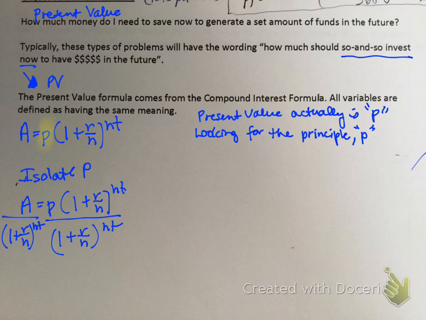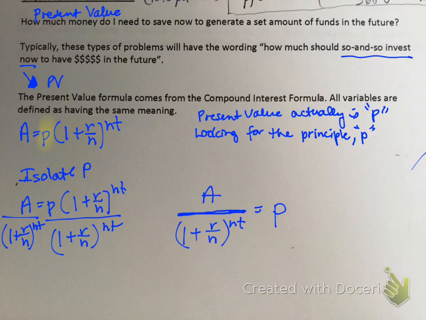What happens is on the left-hand side, I get amount over 1 plus R over N raised to the NT. And since I have 1 plus R over N to the NT over 1 plus R over N to the NT on the right-hand side, that equals 1. So I'm left with just P. So that's your other option. You can rearrange the formula or memorize it, whatever your choice is.